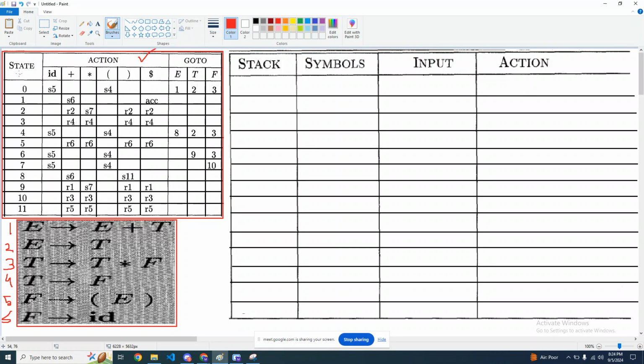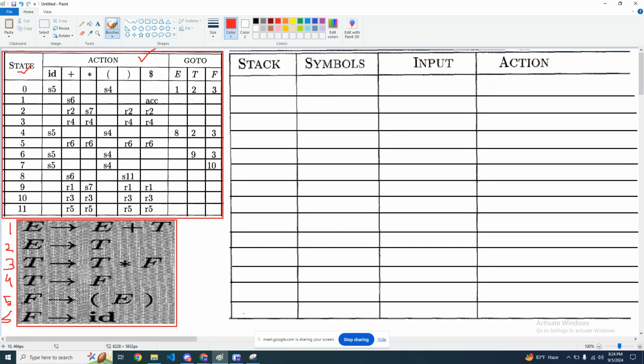The parsing table will have different states. These states are the states in your automata, right? So from a grammar, you found out the canonical item set of LR0, and you have constructed the automaton, right? If you remember, those automata had states.